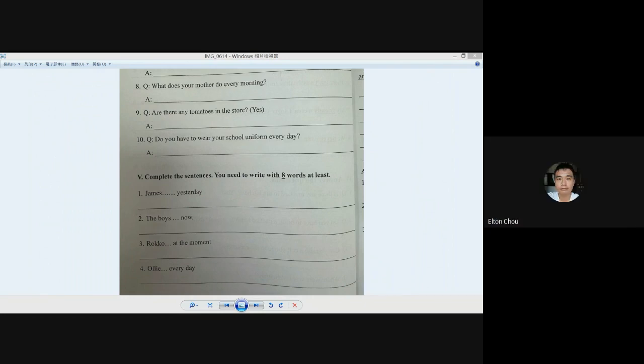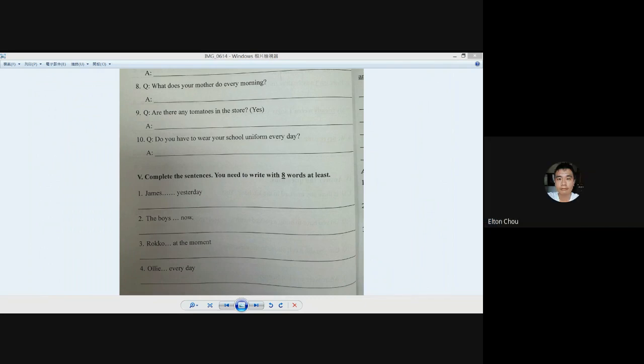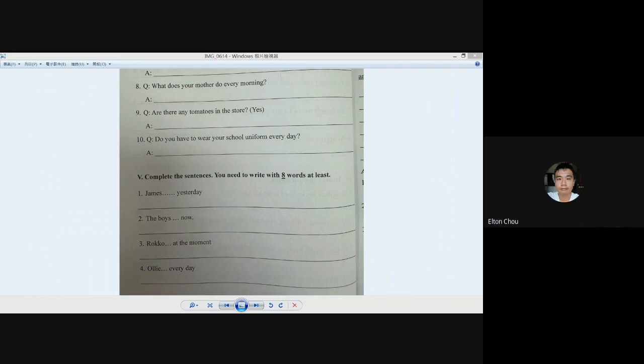But this is the only example. Do not copy my sentence. Okay? Do not copy my sentence. If I find similar or identical sentences from your homework, you're going to just rewrite or redo your homework.